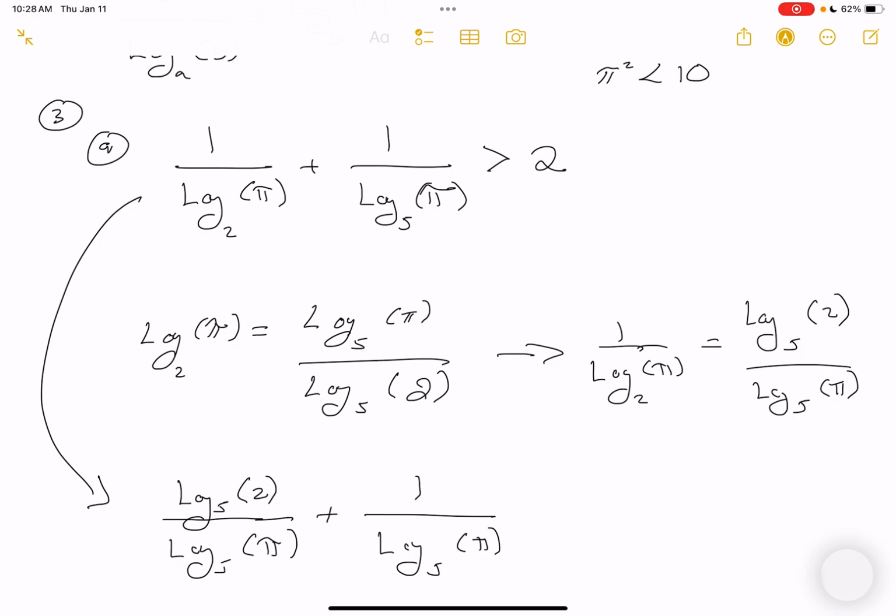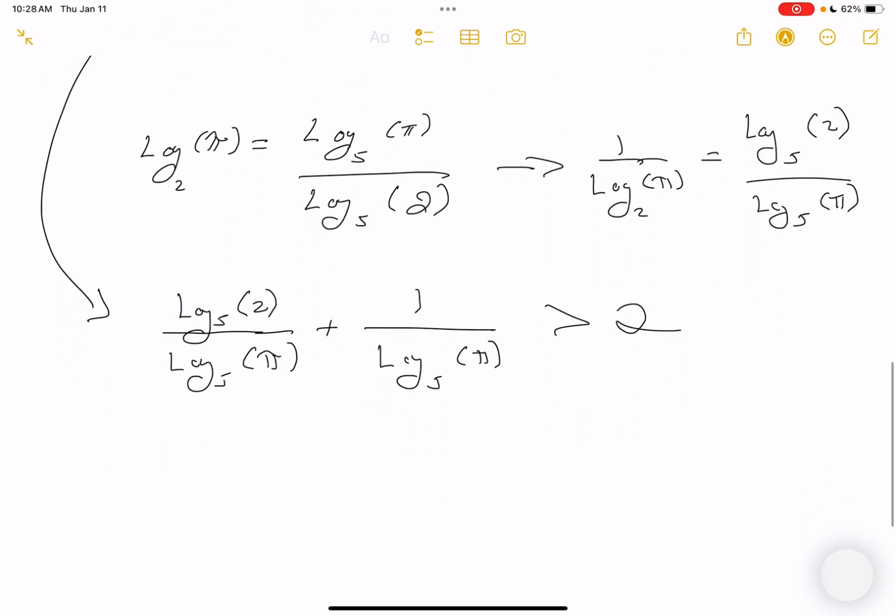Again, we really need to show that it's greater than 2. I'm wondering where to go with that, but I'm going to get one term down now. This is going to be log base 5 of 2 plus 1 over log base 5 of pi.